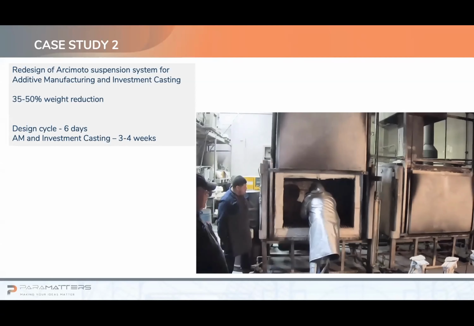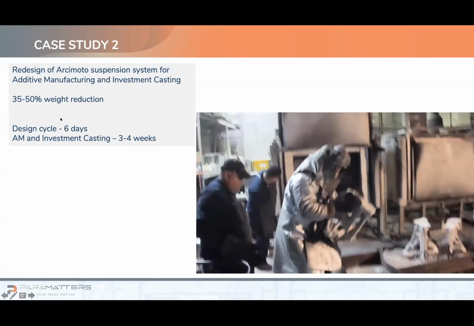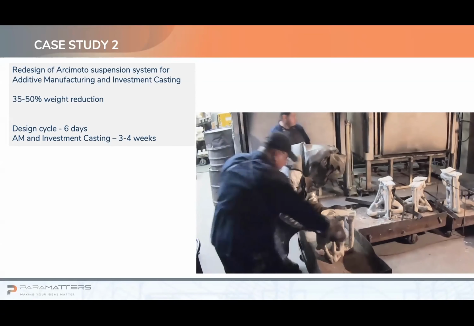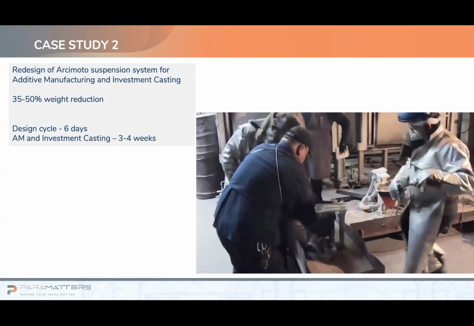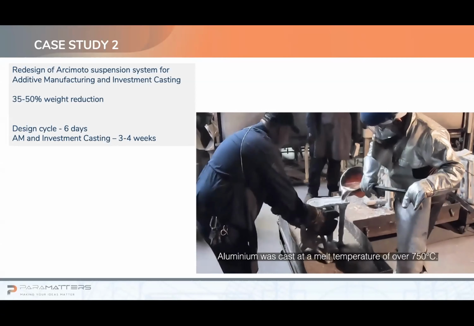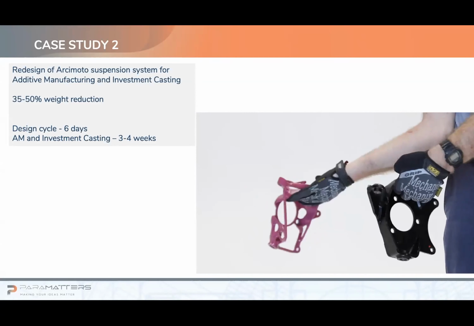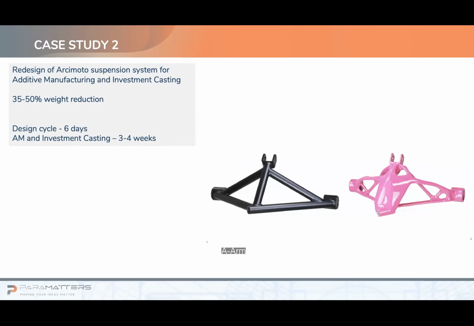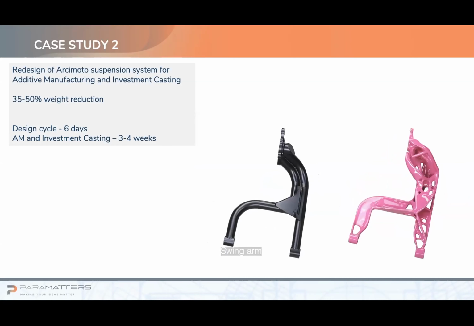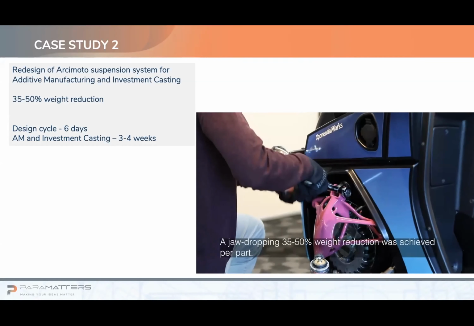The design cycle took 6 days, but most of this time was CAD work to create the design spaces, to go into the assembly to find the available design space. And we redesigned these parts. Some of these parts were 3D printed, some of them were investment cast. It's actually a very interesting and effective process where you 3D print a sacrificial part, create a sand cast mold, melt out the plastic, and then cast aluminum inside.